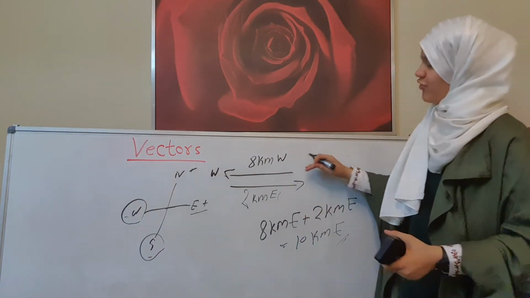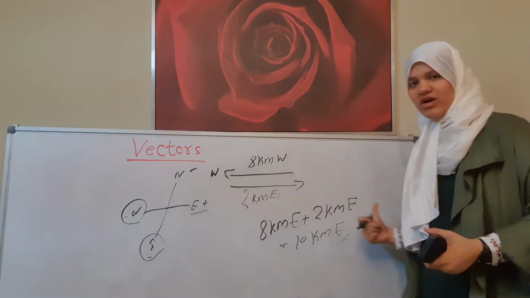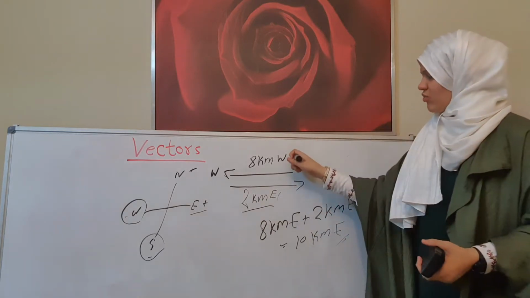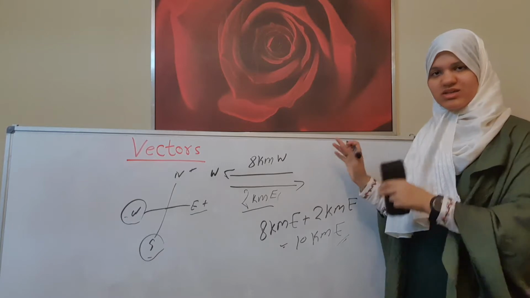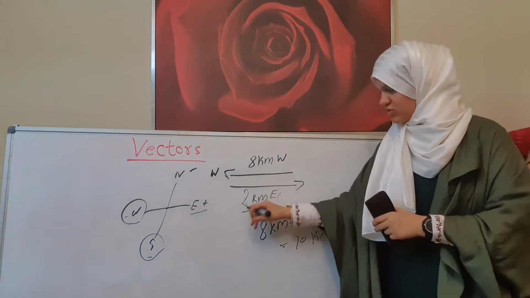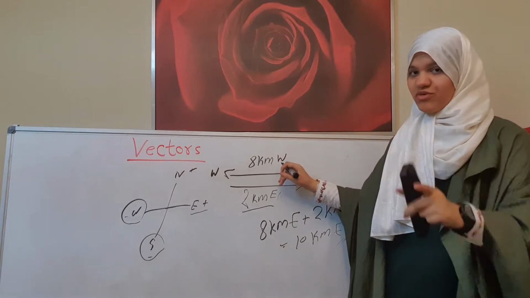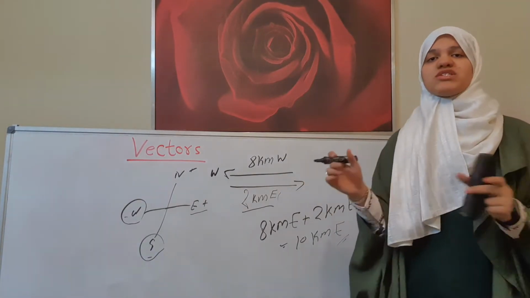Now we have opposite directions. One goes there, 8 kilometer, and one comes here, 2 kilometer east. As I told you before, that is negative 8 kilometer, or 8 kilometer west.